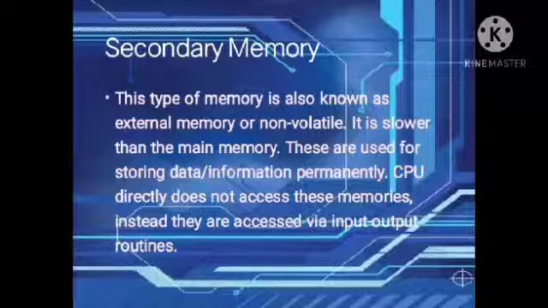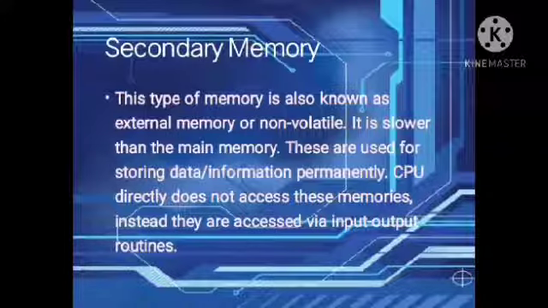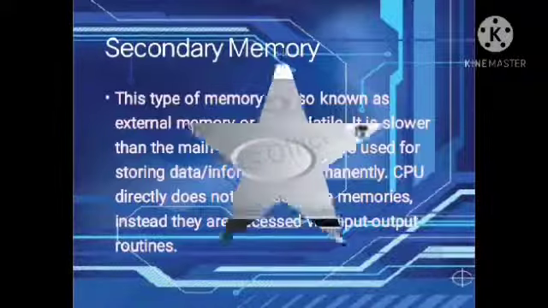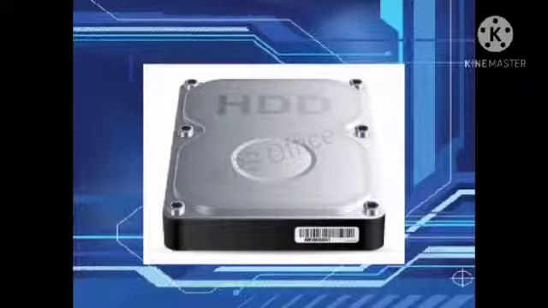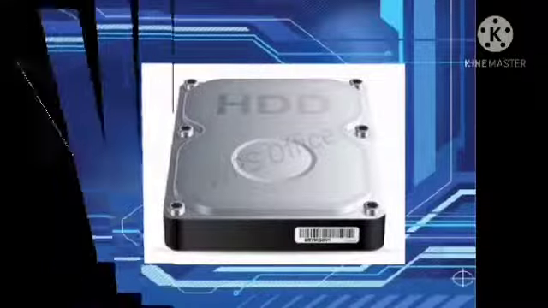Instead, they are accessed via input-output routines. So, the functions of secondary memory: the contents of secondary memory are first transferred to the main memory, and then the CPU can access it. For example, disk, CD-ROM, DVD, and so on.